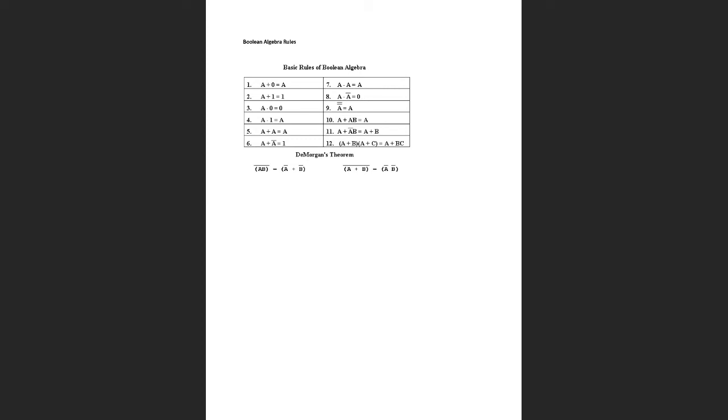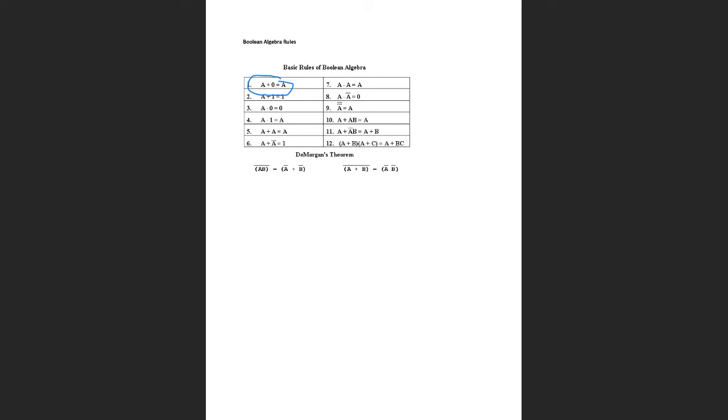And some of these, probably most of these, if you look at them and think about them, actually make sense. For example, number one here says you have A or zero. Remember the crossbar represents OR logic, and what you would think of as multiplication, the dot or X, represents AND logic.